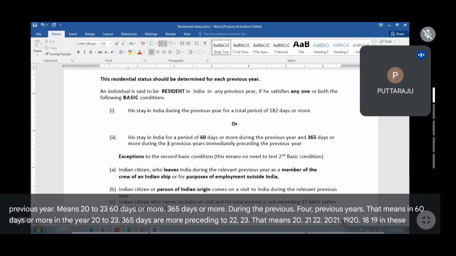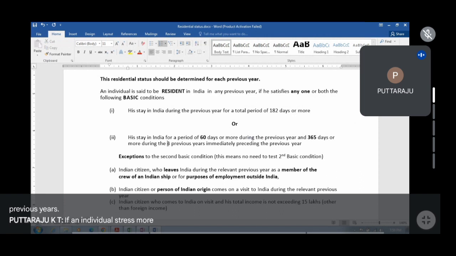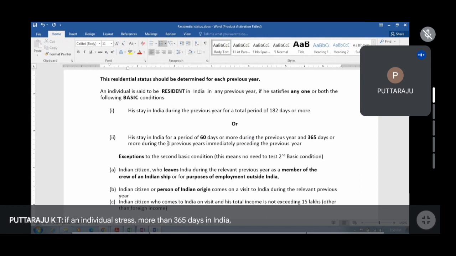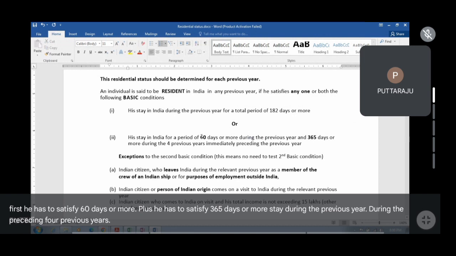In these four previous years, if an individual stays more than 365 days in India, then he will satisfy the second basic condition. First he has to satisfy 60 days or more, plus he has to satisfy 365 days or more stay during the four preceding previous years. Understood? Yes, sir. Okay. Any doubt in this?